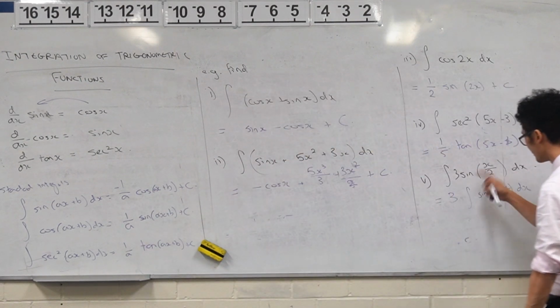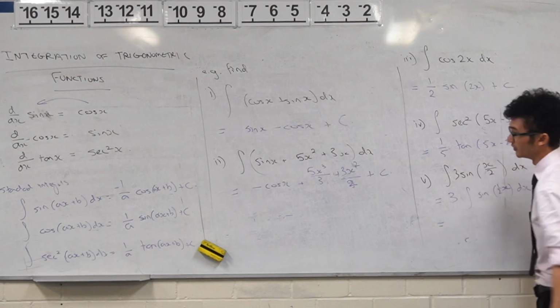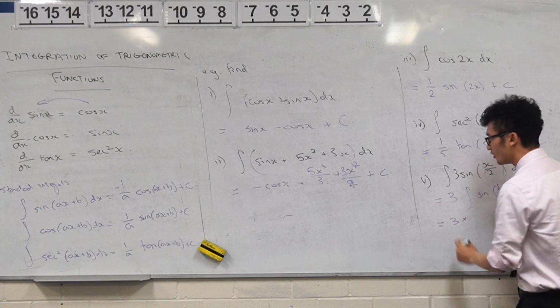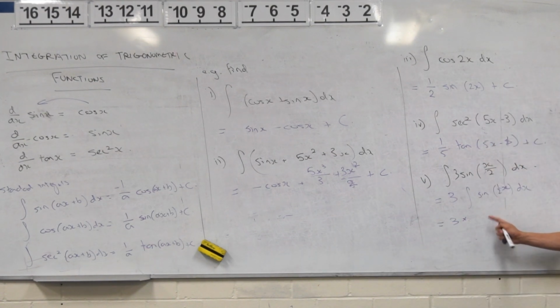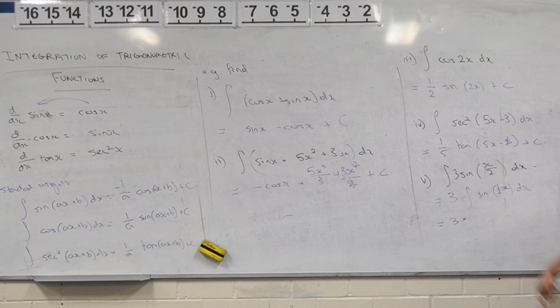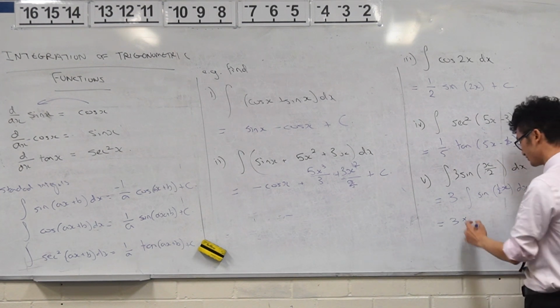So if I want to do this using that formula over there, what I have to think about is, okay, the 3 can stay there. What are you going to multiply by then? I'm multiplying by 1 over that a value, or the reciprocal, right? So the reciprocal of that, or 1 over 2, if you're flipping that fraction, it just becomes 2.